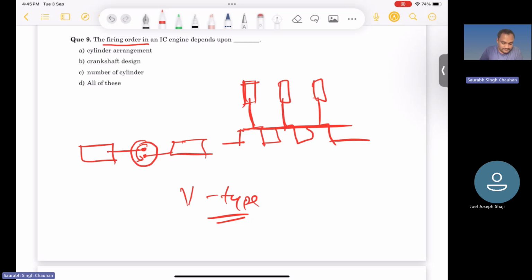And part B is crankshaft design. So you know what is crankshaft? Let us say this is our cylinder, and this is the connecting rod, and this is connected to the crankshaft. So crankshaft is basically something like this.